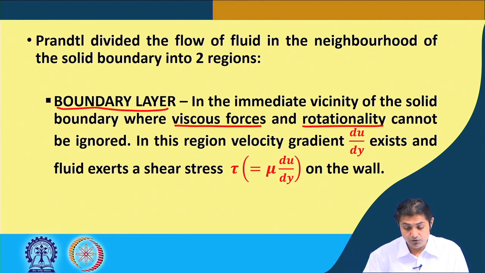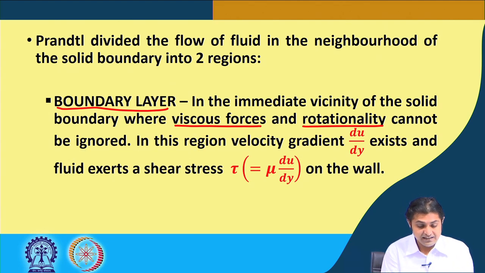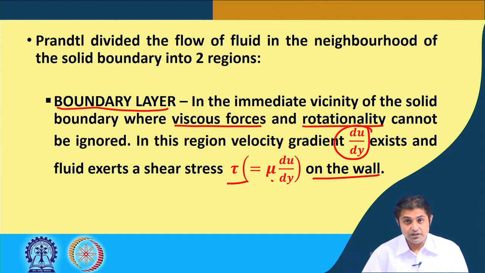We are going to explore that in more detail when we study viscous fluid flow. In the boundary layer there will be a velocity gradient du by dy, and therefore the fluid will exert a shear stress tau on the wall, which we assume to be equal to mu du by dy, where mu is the eddy viscosity.